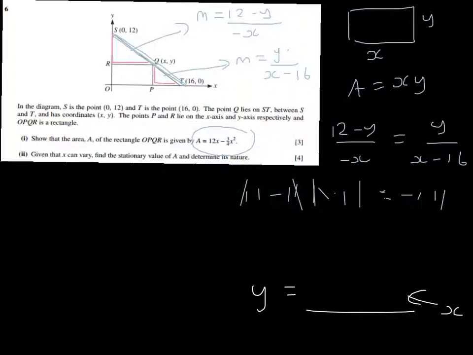Okay. If we expand this out here, we're going to get 12x minus xy plus whatever 16 times 12 is. I should do that in my head, but I'll go to my calculator instead. 192. Sorry, that's minus 192.